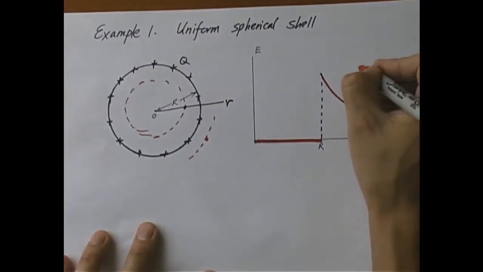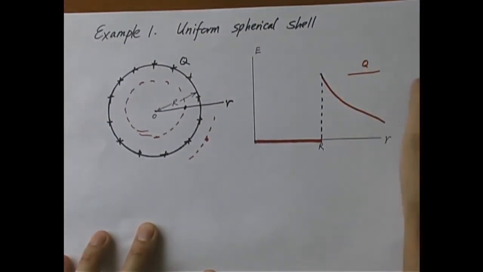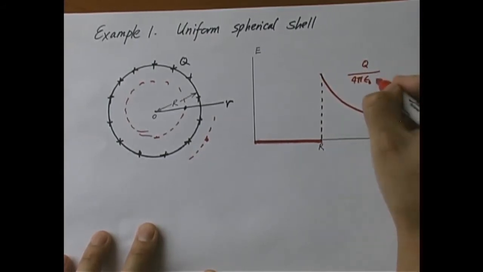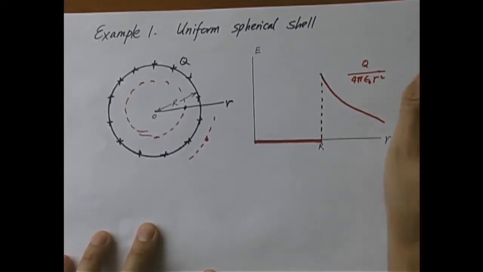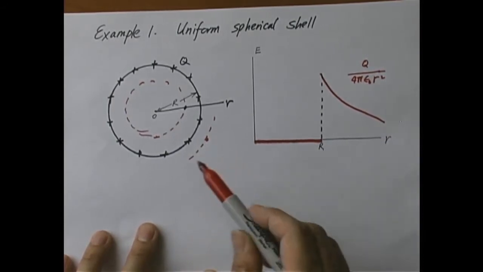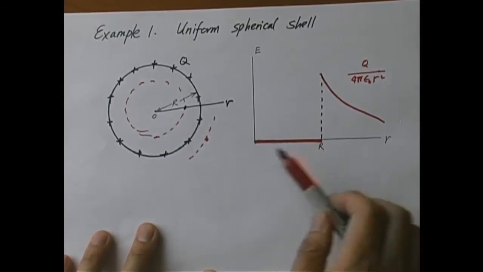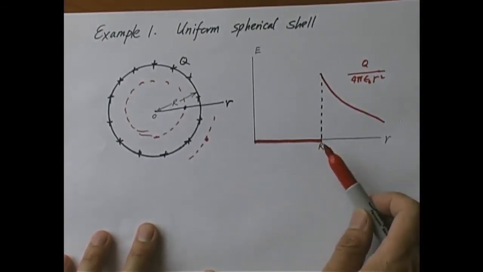This expression is Q over 4 pi epsilon naught r squared. So this is really a reflection of Newton's shell theorem in the electrostatic case. And you can see how quickly we obtained this result.